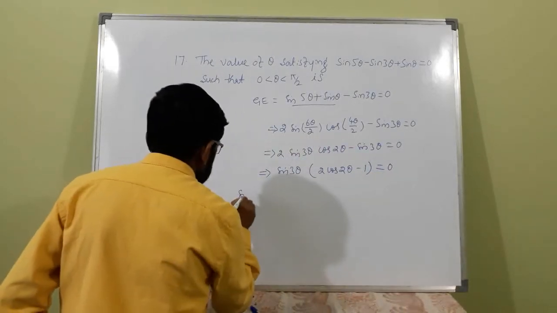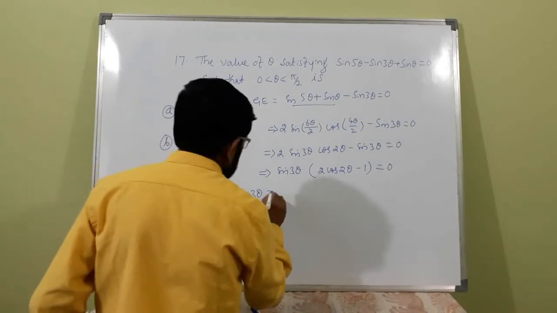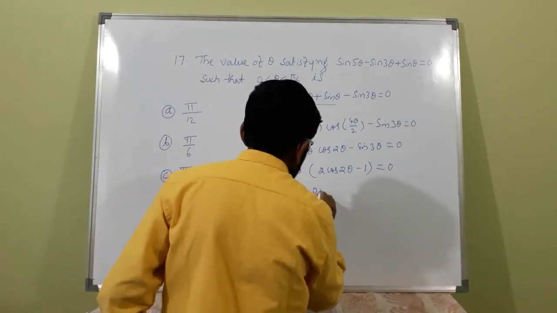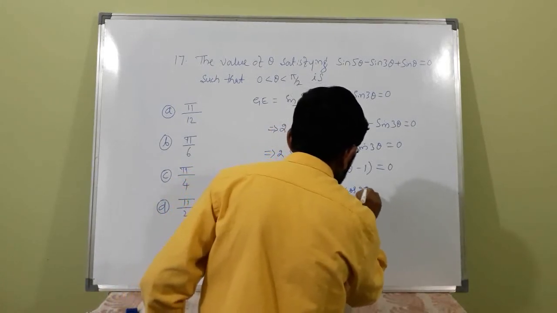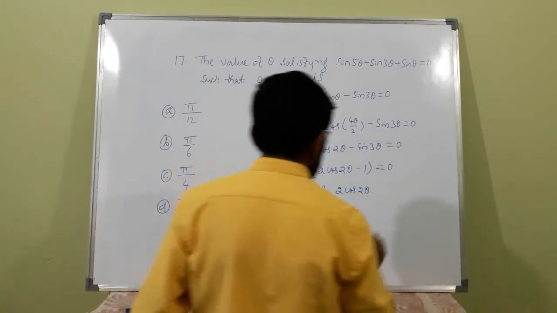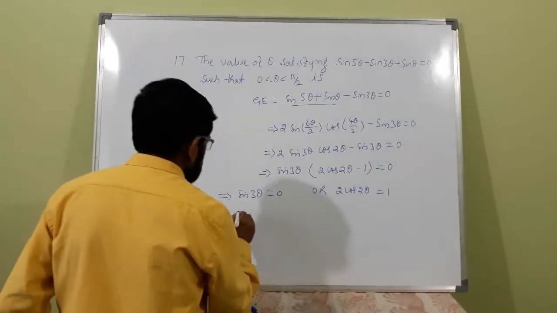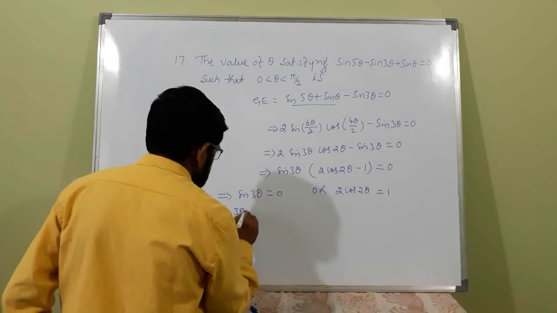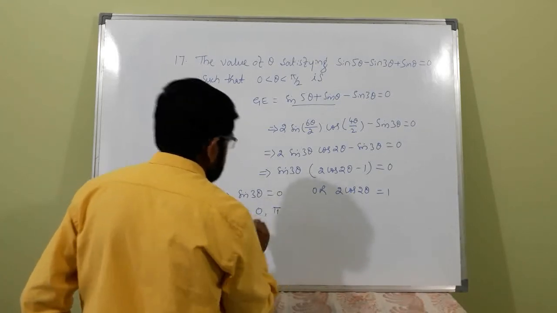So sin 3θ is equal to 0, or 2 cos 2θ minus 1 is equal to 0. So 3θ is equal to nπ.